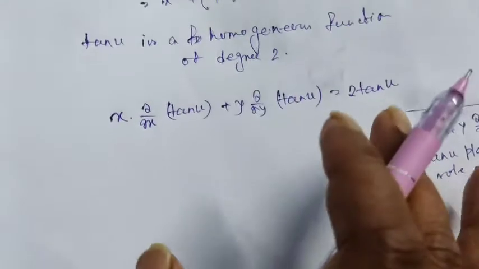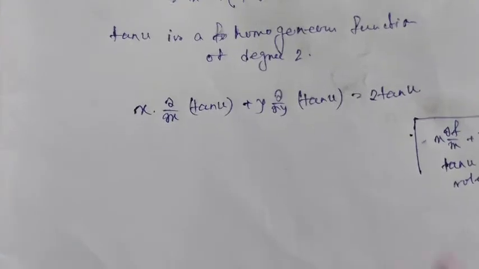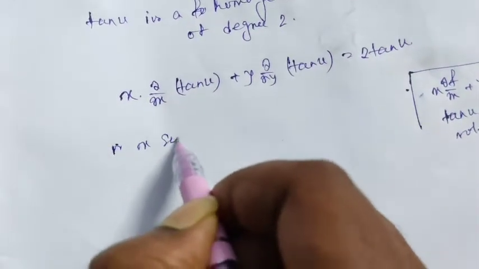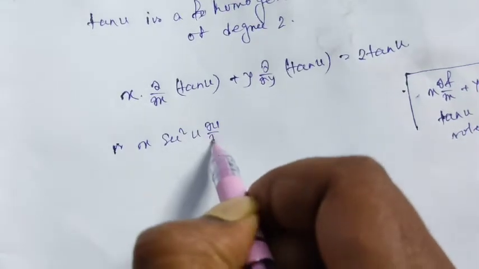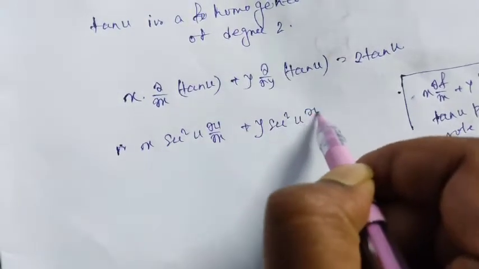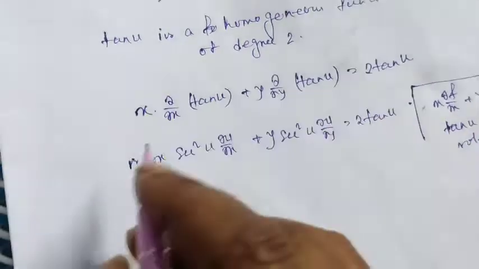Now we have to find the partial derivatives of tan u, and from here we can write x into sec square u del u del x plus y into sec square u del u del y is equal to 2 tan u.